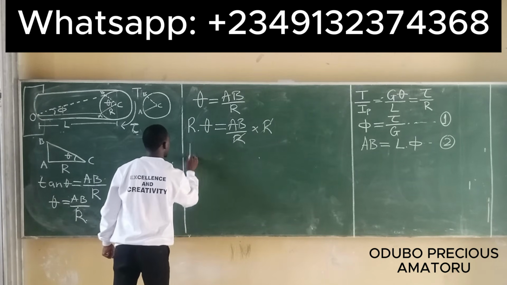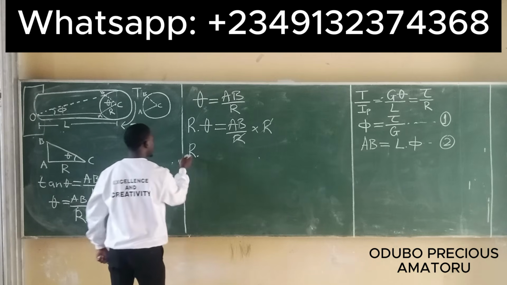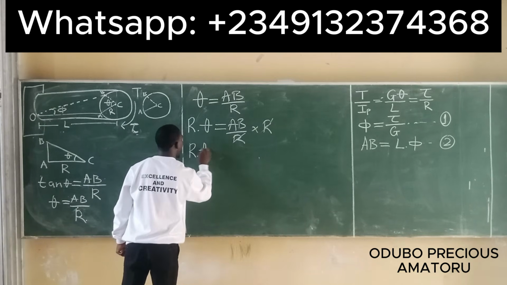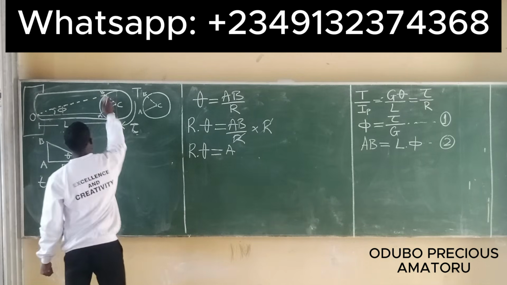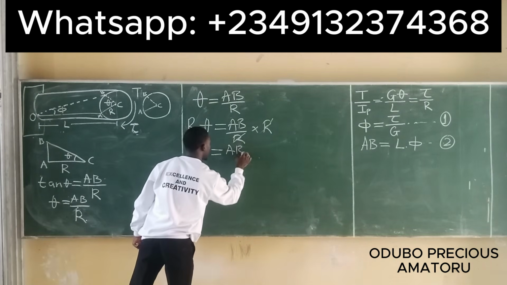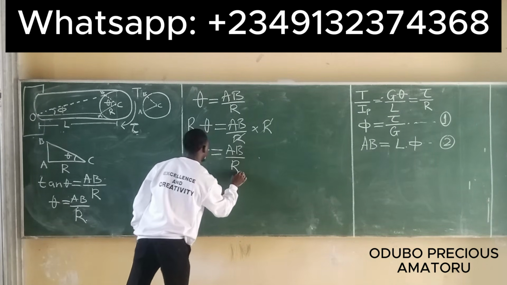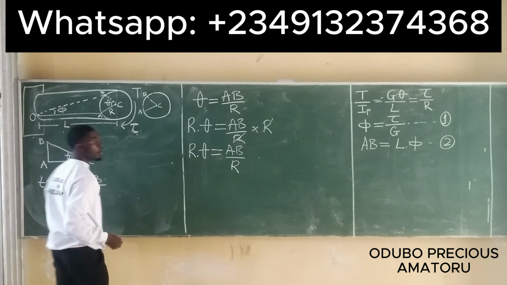What we have is that R, which is the radius, multiplied by the angle of twist is equal to AB all over the radius of the shaft.